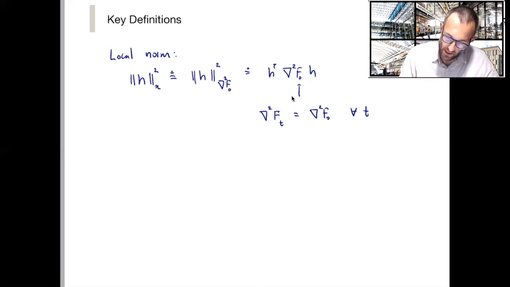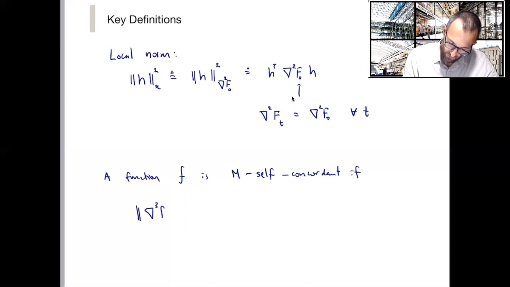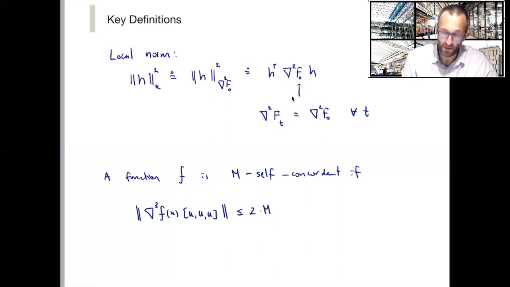So recall that we said that function f is M self-concordant if the third tensor of f at x, evaluated at h, is bounded above by twice the constant M in the definition times the third power of the norm of h, but which norm? The local norm.